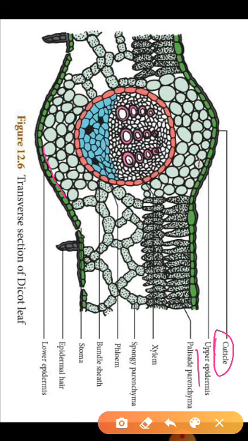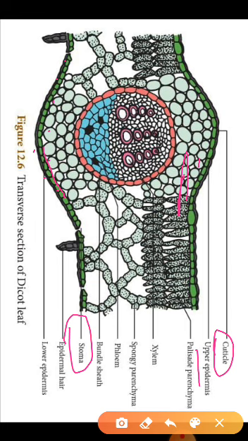The upper epidermis has fewer stomata, less in number. Lower epidermis contains numerous stomata.